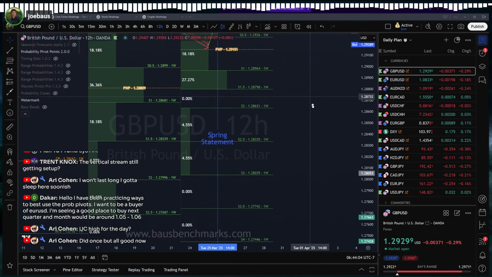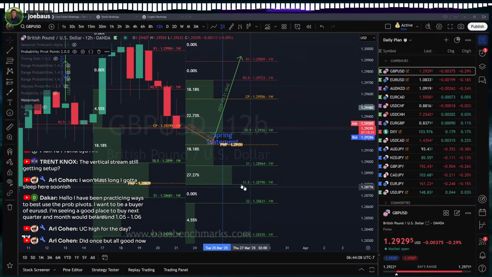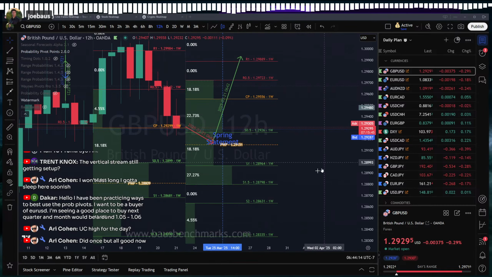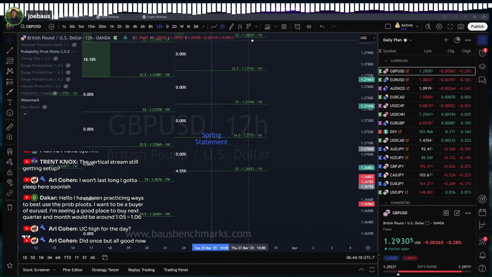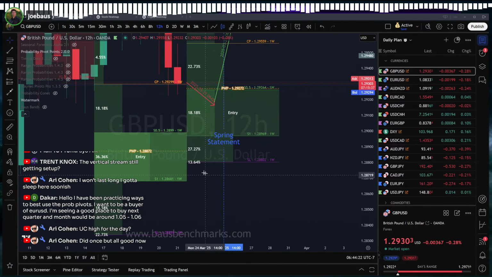here's something to keep in mind. This S1.5 pivot is actually the stop loss for the standard range bullish bias. And I think it's like 9% odds. No, it's about 12%. 13.64% odds of getting stopped out.